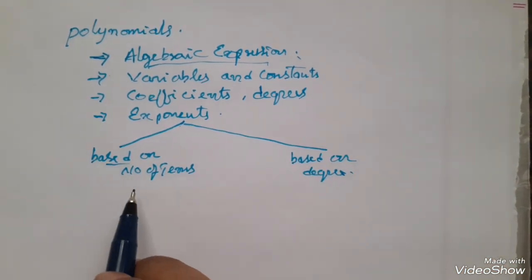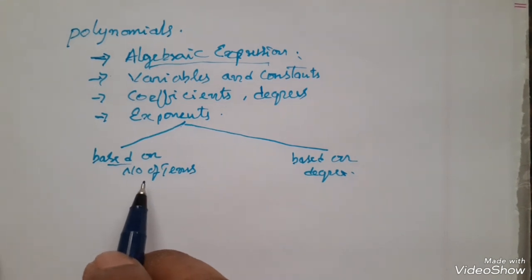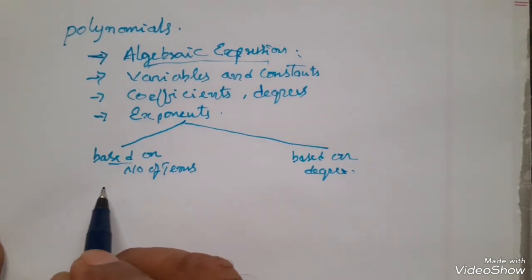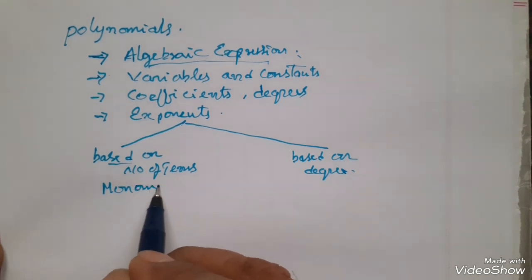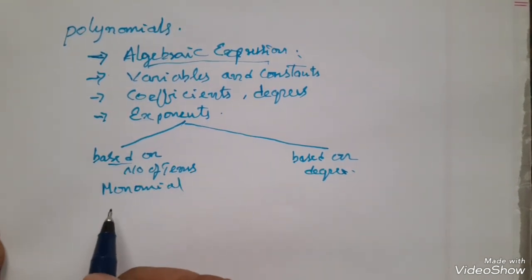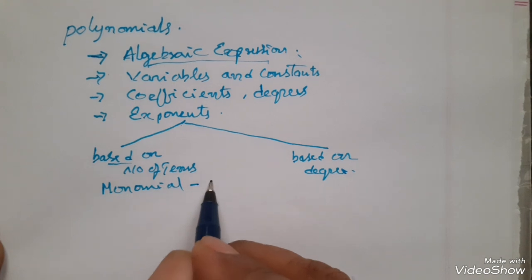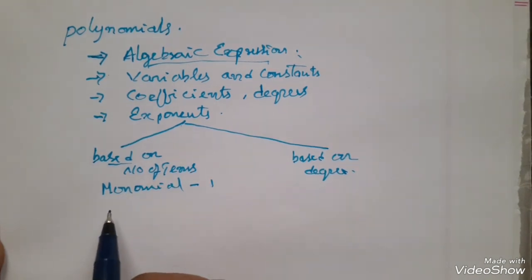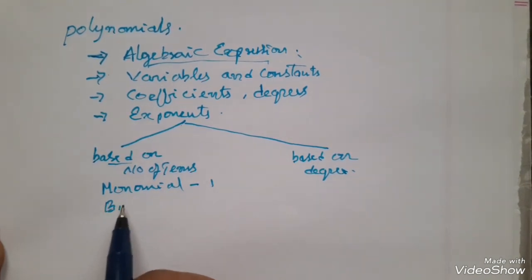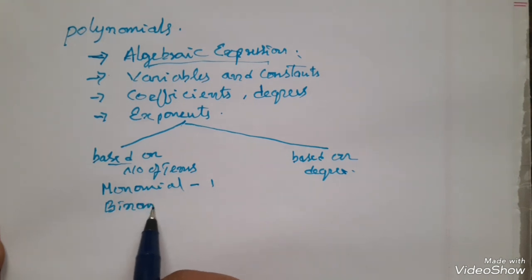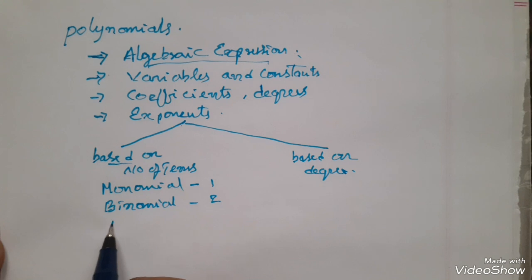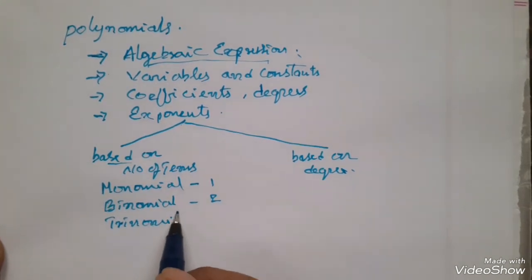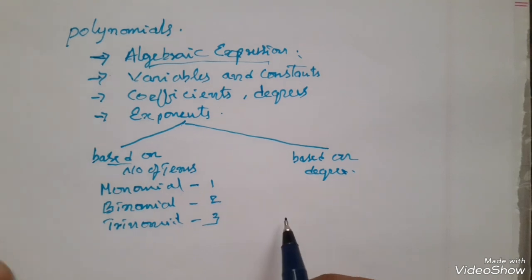So first, based on the number of terms, we can classify monomials. Monomial means it contains one term. Binomial, it has two terms. Trinomial, it has three terms.